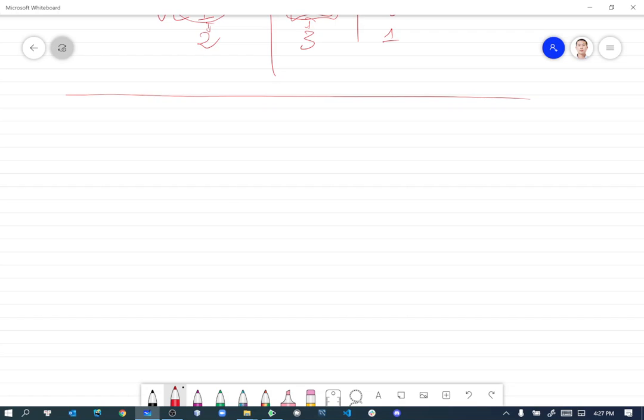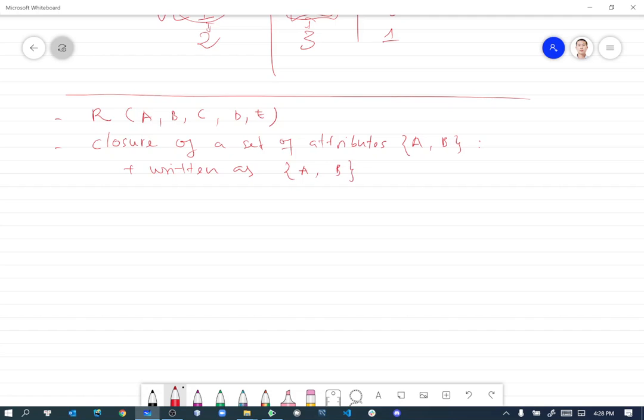So when we say there is a relation R, which has attributes A, B, C, D, and E, and we say the definition of the closure of a set of attributes A and B, it is written as (A, B)+.